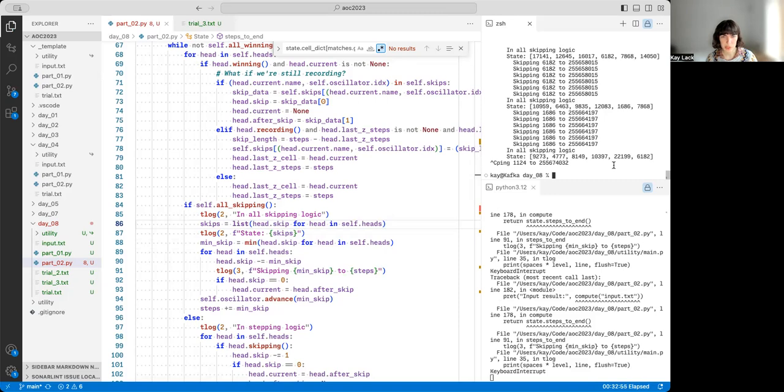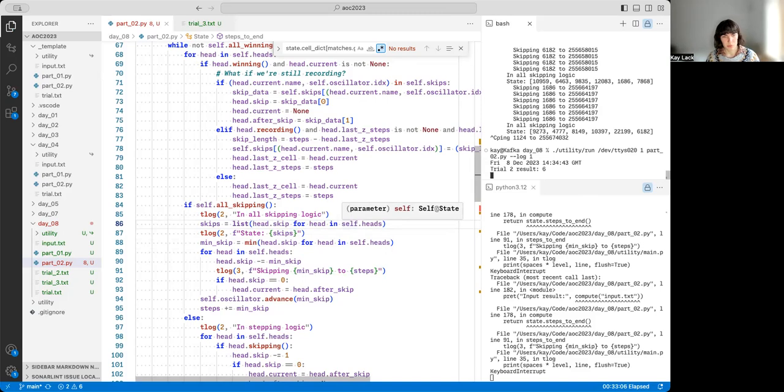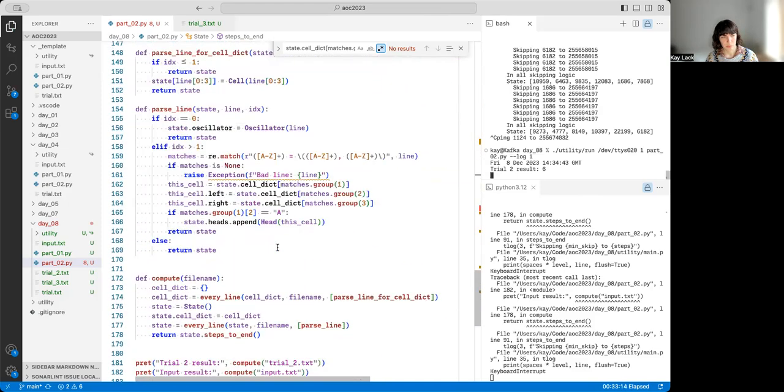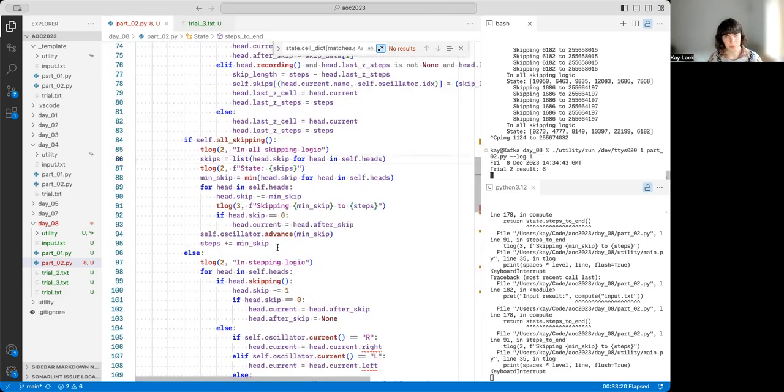So in theory, we can advance based on that, right? We just need to find the, we multiply all these together.